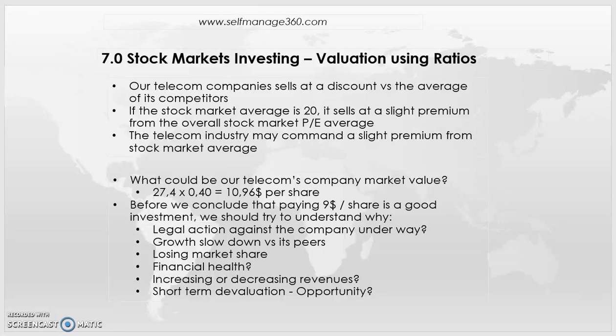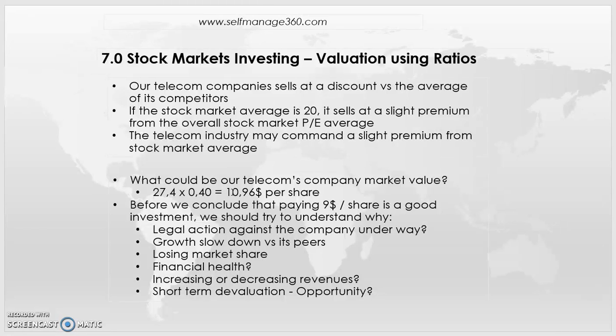So what could be our telecom company's market value? If we use the average of its competitors, which is a price to earnings of 27.4, we multiply by the earnings per share of our fictional telecom company, their share could be worth, if we use the average of its peers, $10.96 per share.